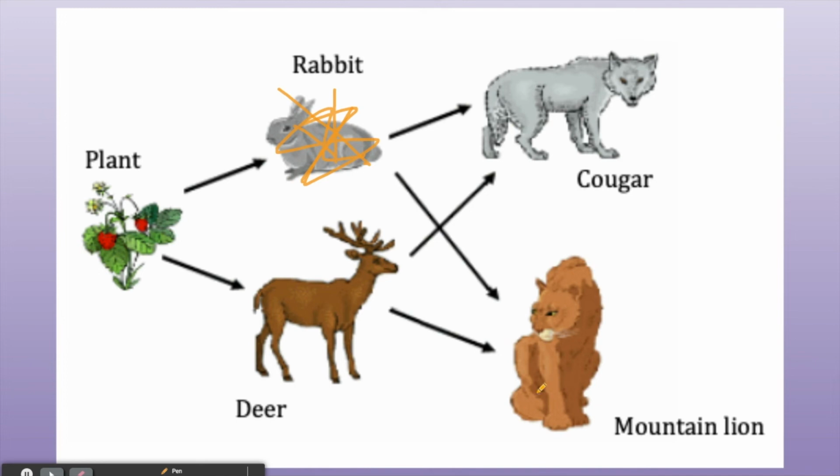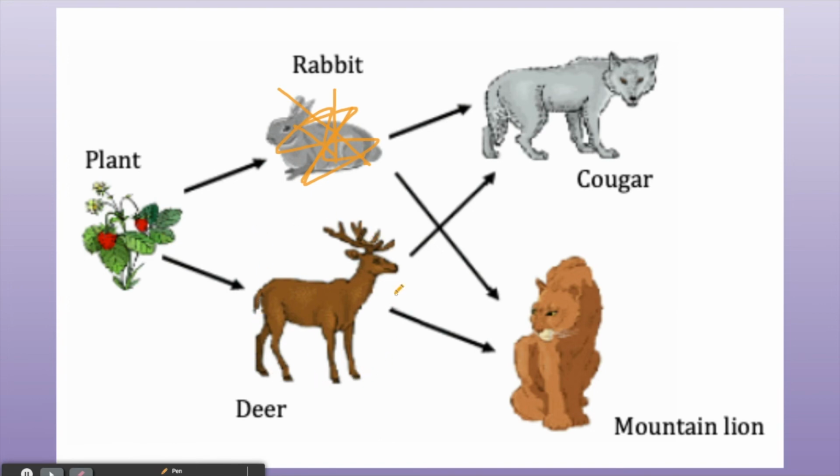Thank you for sharing your thinking. If in an environment the rabbit population was completely left out, it would affect the whole entire food web. Cougars wouldn't have enough food to eat, and neither would mountain lions. Of course, these animals still have the deer, but there are not enough deer.